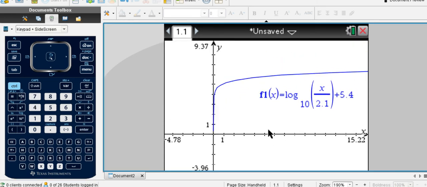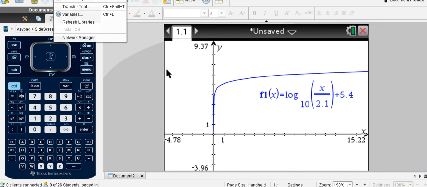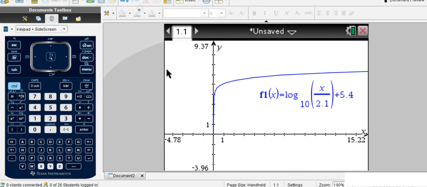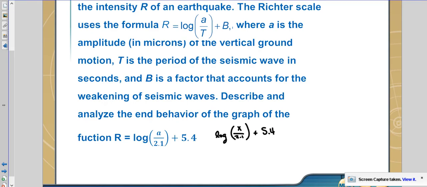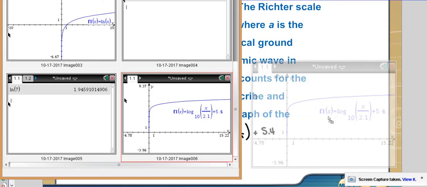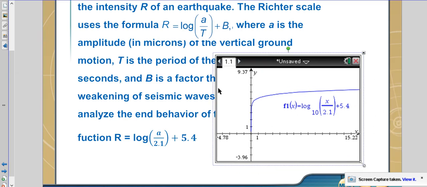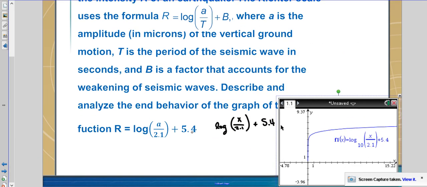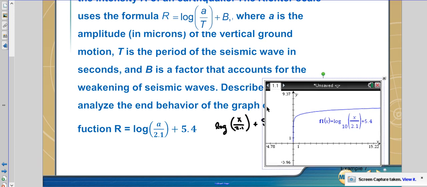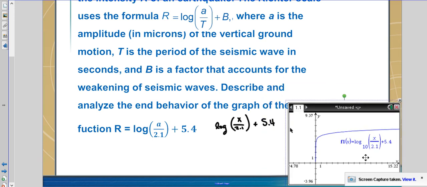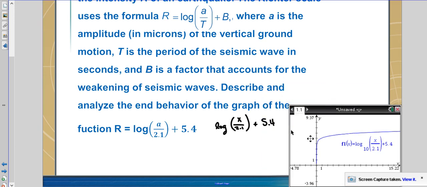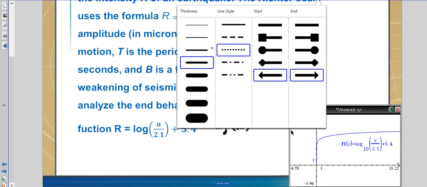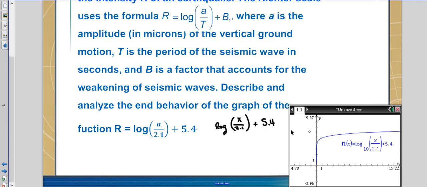And so this here would be our graph. Now the calculator doesn't show the asymptotes or the graph going down forever, but it is. So there we go. If I wanted more information, I could add in the asymptotes, things like that, to the graph.